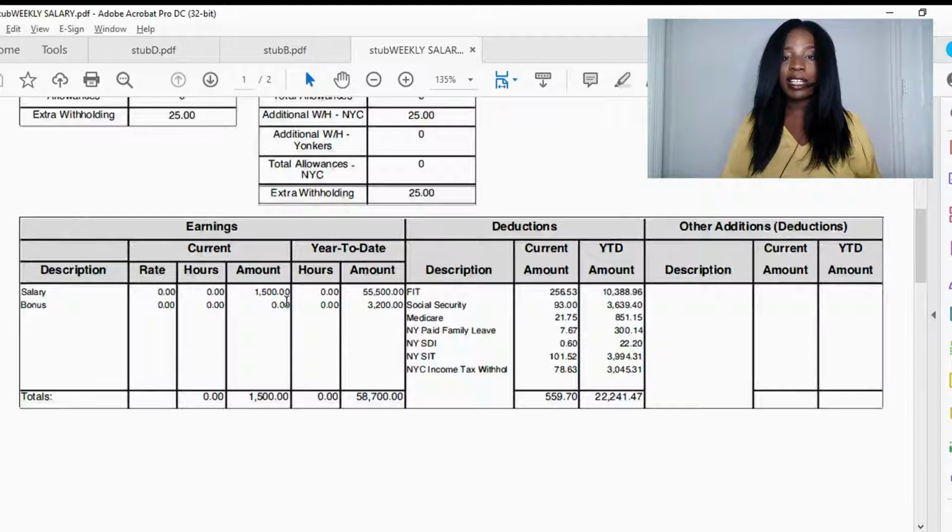And then you're going to divide that by 12, which is 12 months. So again, since it's salary, you do 1,500 times 52 weeks, then divide that by 12, and that is going to give you the monthly income for this particular borrower.